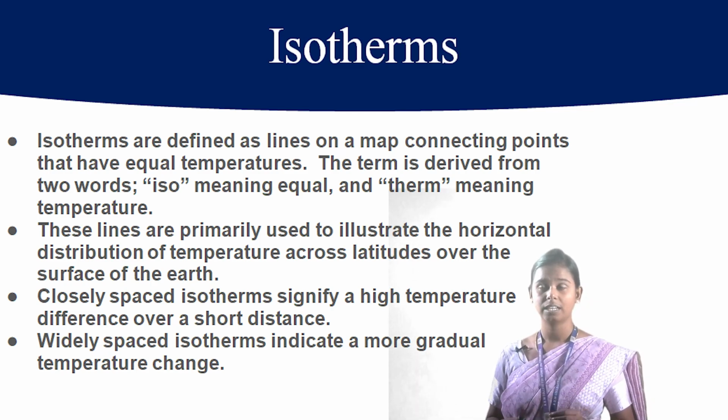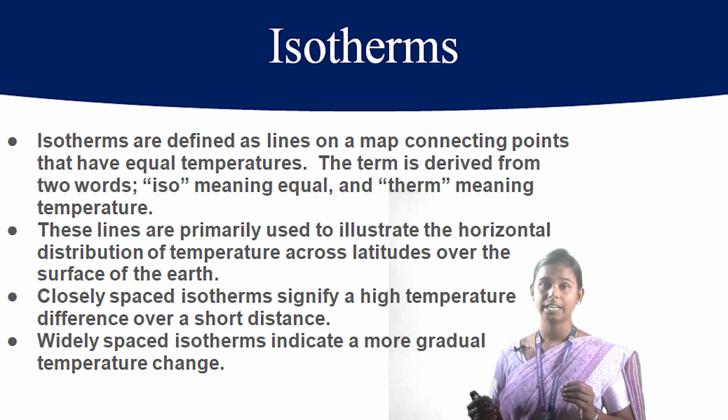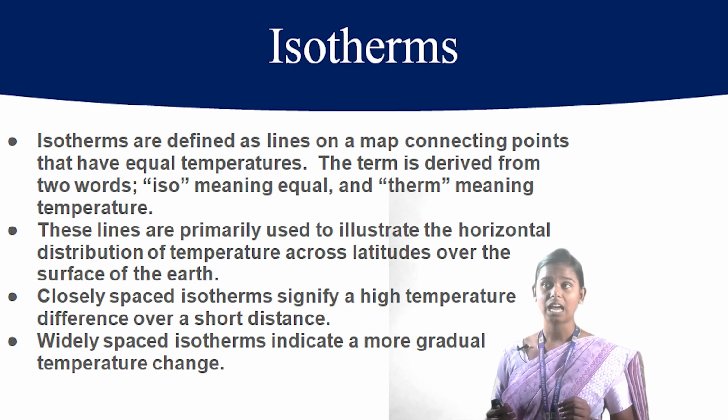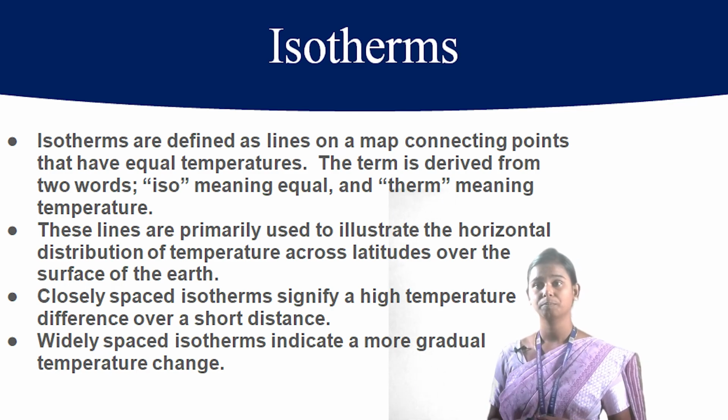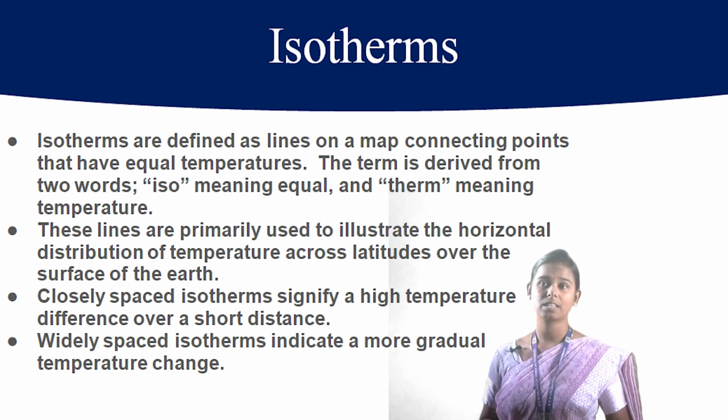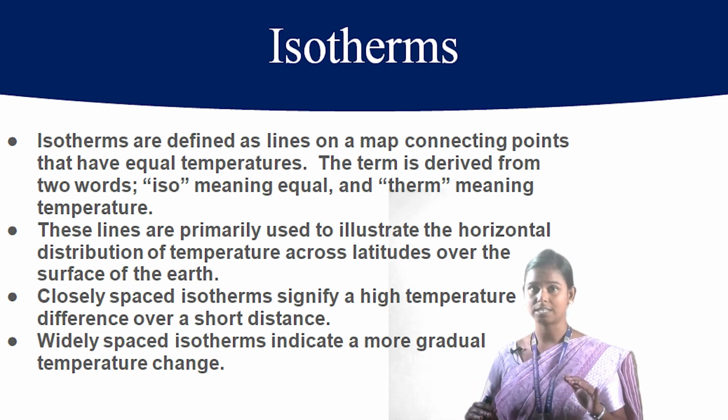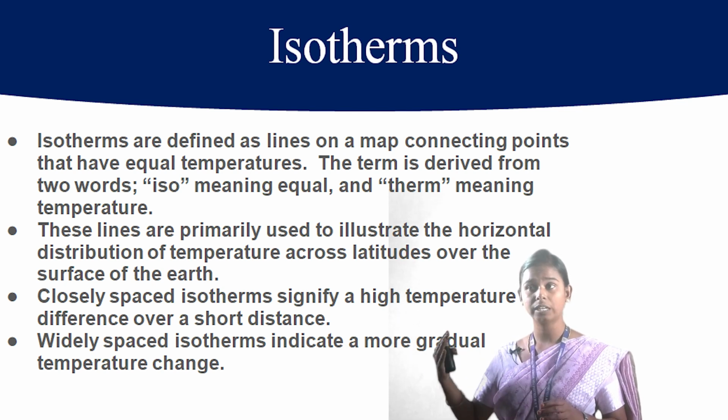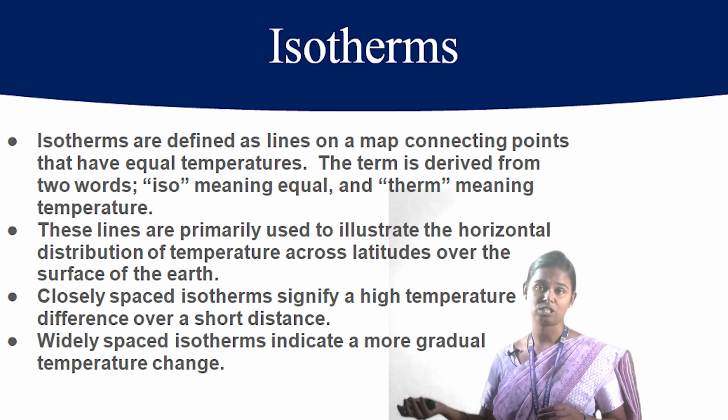These lines are primarily used to illustrate the horizontal distribution of temperature across the latitudes over the surface of the Earth. Closely spaced isotherms signify a high temperature difference over a short distance. Okay, widely spaced isotherms indicate a more gradual temperature change.